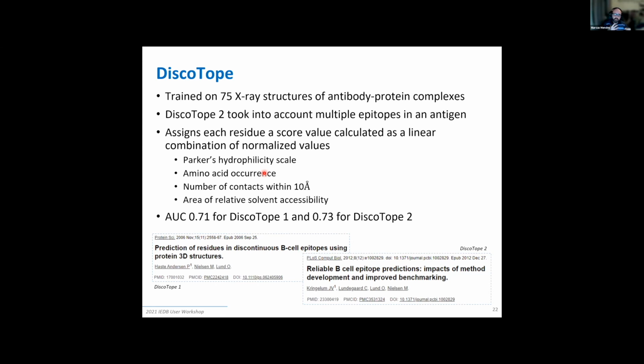So we have the positive and negative training data set with the physicochemical properties of the amino acids. Combining those kinds of data together generated DiscoTope. DiscoTope 1 has an AUC around 0.7. DiscoTope 2 has an AUC score around 0.73, which is really good, and better than the linear ones in every comparison to linear methods.